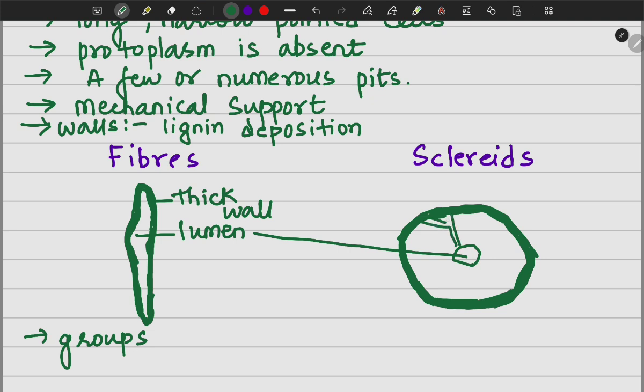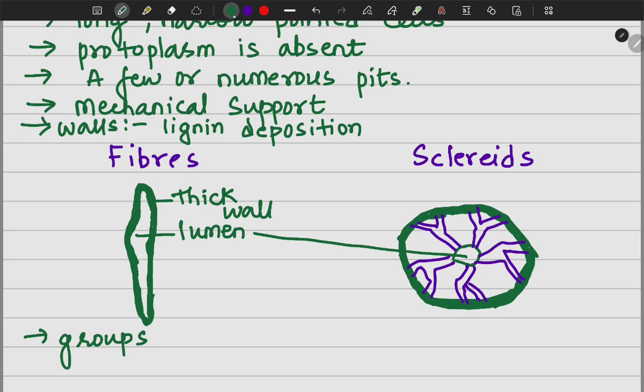So we studied in one of the points that the sclerenchyma cells have a few or numerous pits. So what are pits? So pits are these structures. They are kind of a cavity which forms pores on the cells. They are called pits. A type of cavity, right?